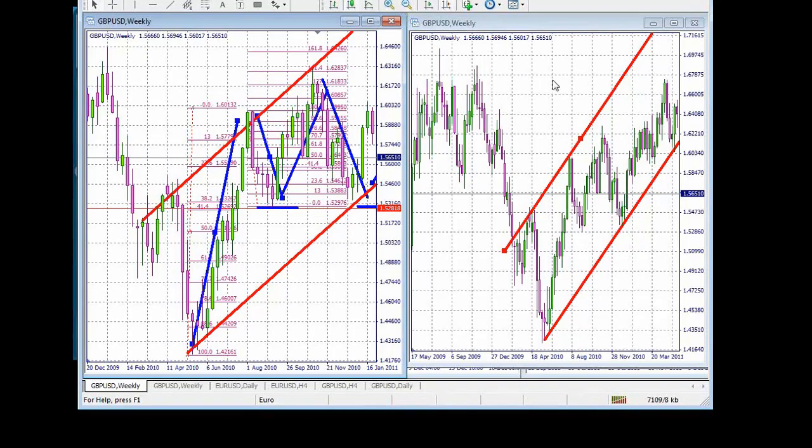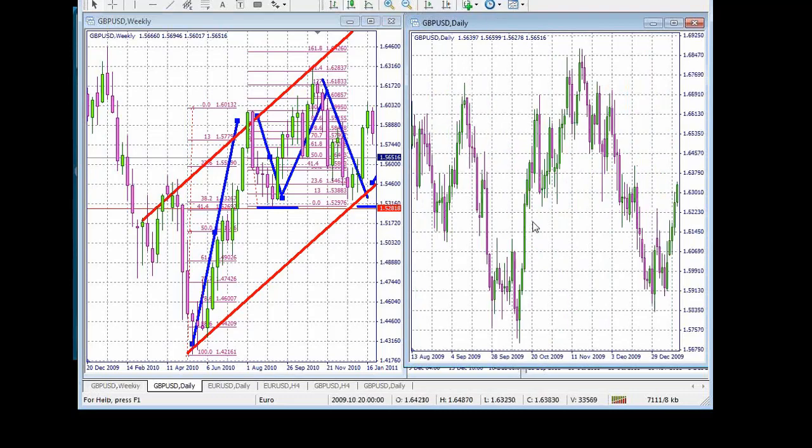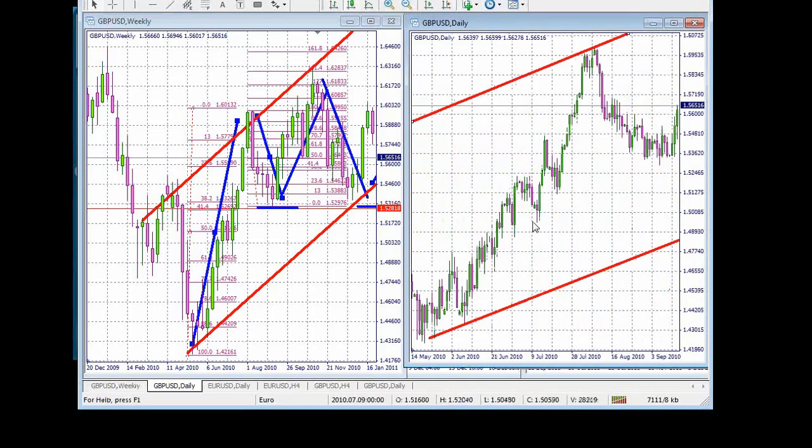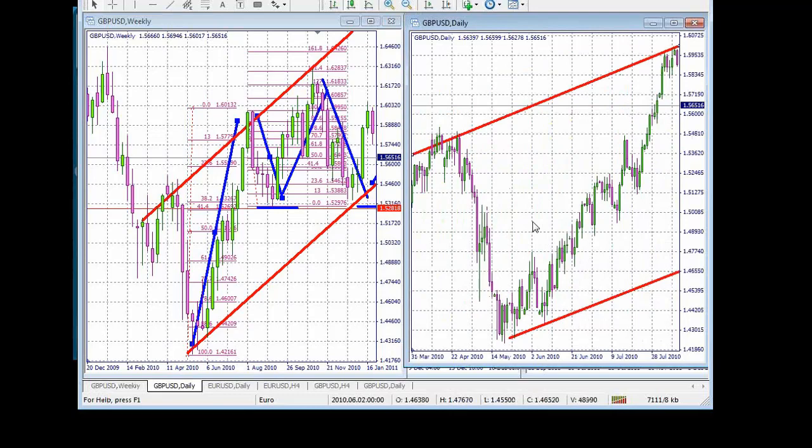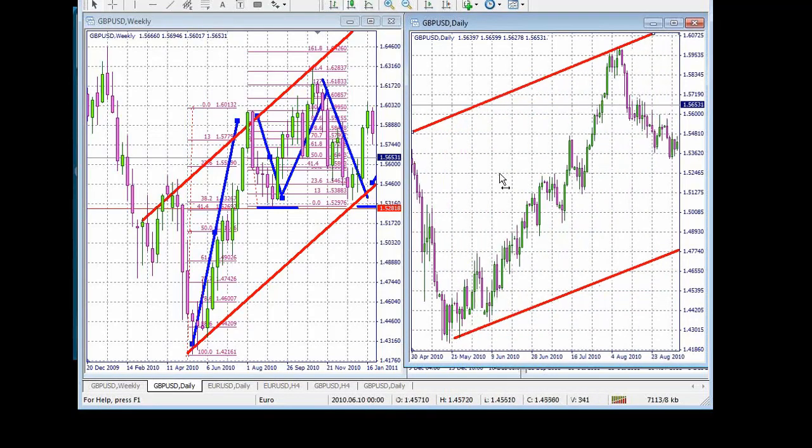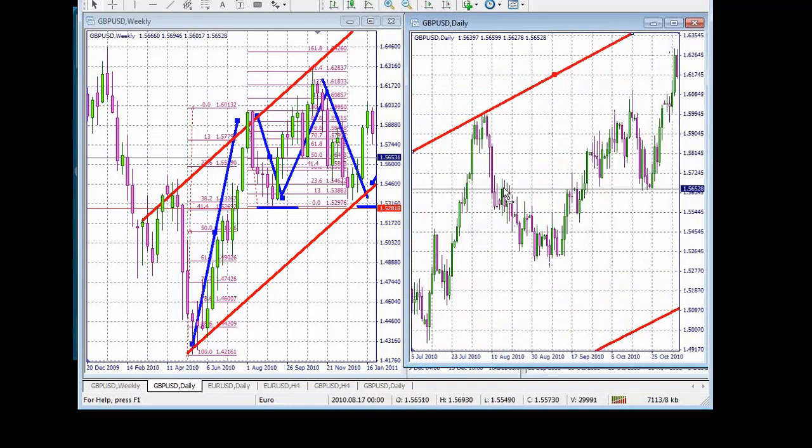We have to look at a smaller chart, and you will see that we have the same patterns on daily, but those cycles are smaller and the waves are smaller too.